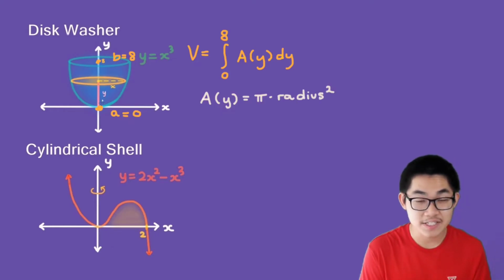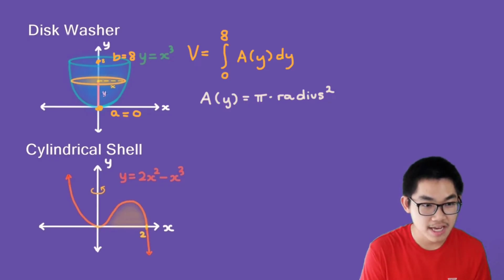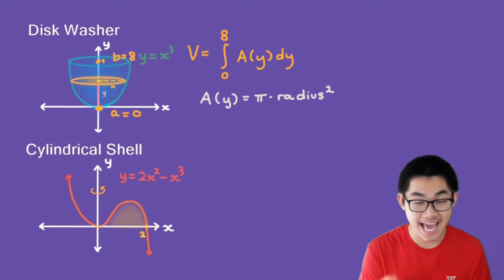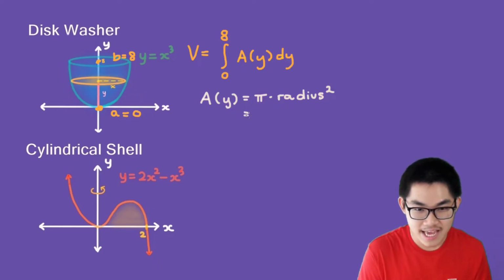Now the distance from the center until we reach the cross-section is y. And the distance from the y-axis until we touch this function, this distance is x. And so the radius is x. So the area is the same as pi times x to the power of 2.